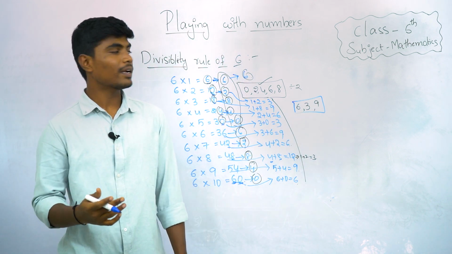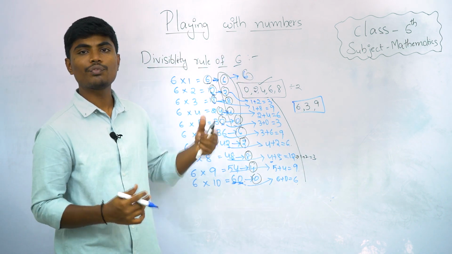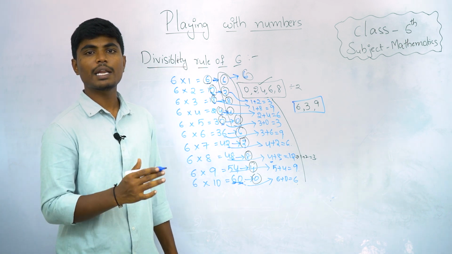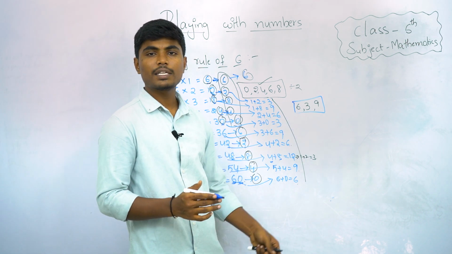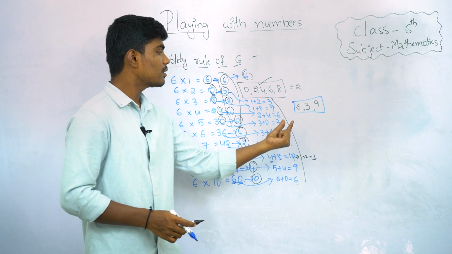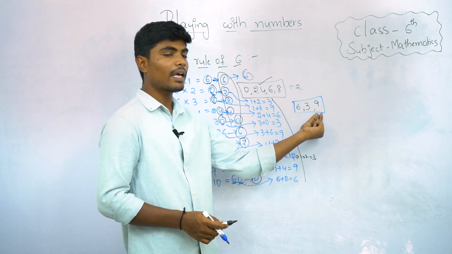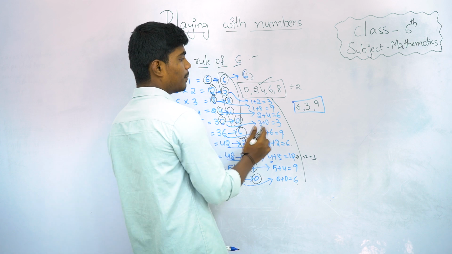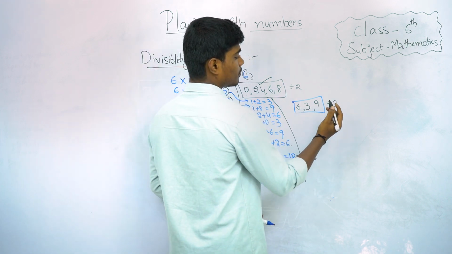If you go back and see the divisibility rule of 3, if the sum of the digits is divisible by 3, then the number is also divisible by 3. Here, the sums 6, 3, 9 are divisible by 3. So, these numbers are divisible by 3.